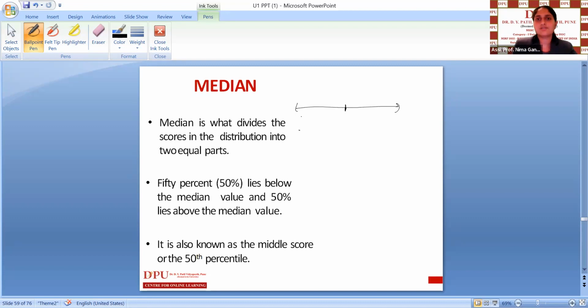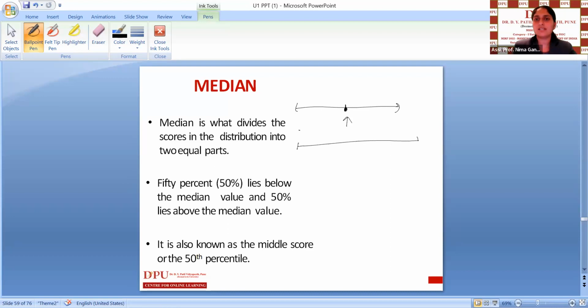So if this is your data, let's say, and you want to divide your data into 2 equal parts, how many points will divide your data into 2 equal parts? Just 1 point is enough to divide the data into 2 equal parts, right?